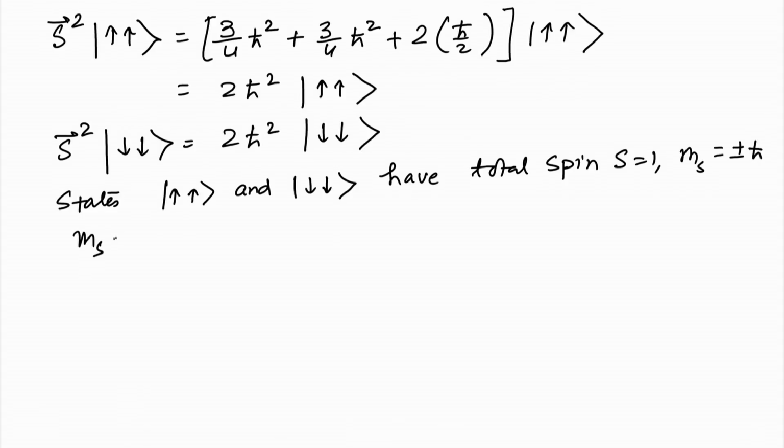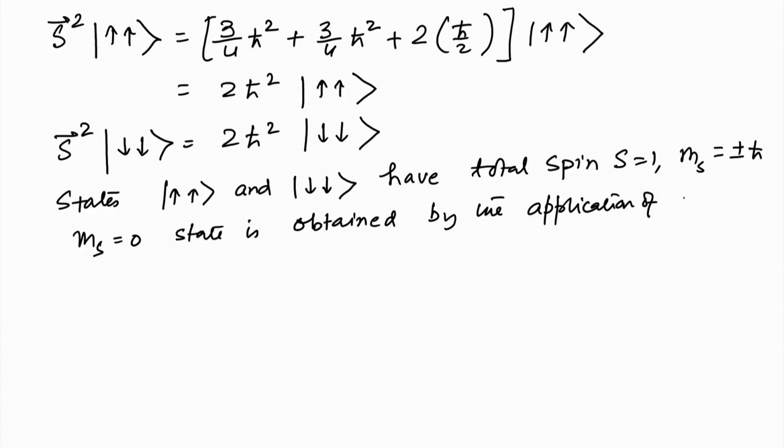So, the m_s equal to 0 state is obtained by a particular operation, by the application of S minus on the up state. Let us see how one gets it, or you can also consider S plus on the down states.